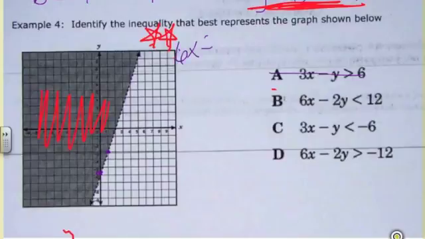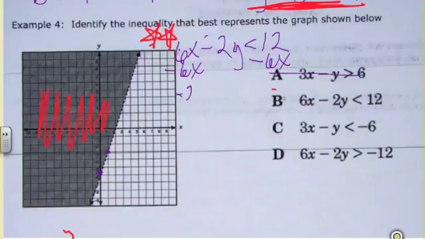I've got 6x minus 2y is less than 12. Minus 6x to solve for y. Okay? So it gives me negative 2y is less than negative 6x plus 12.